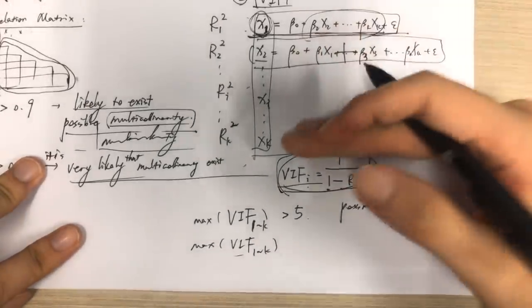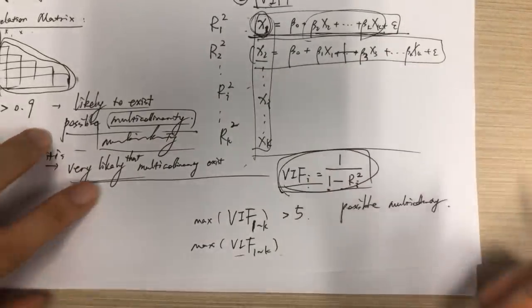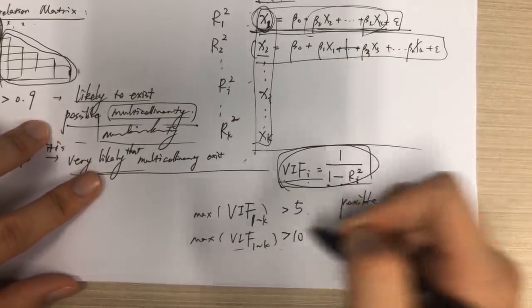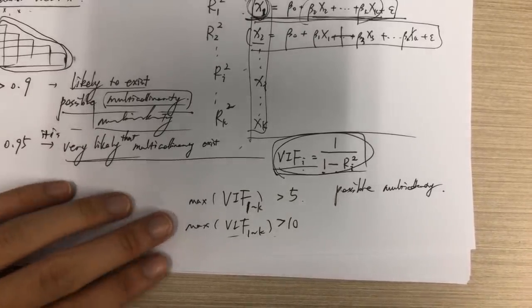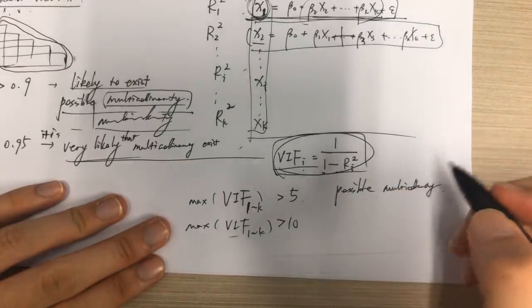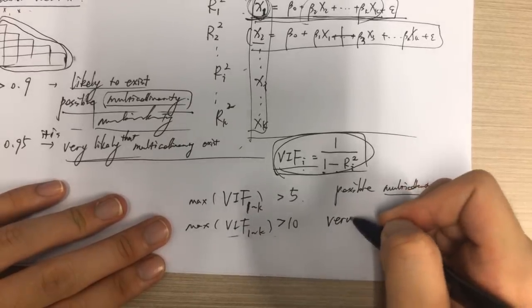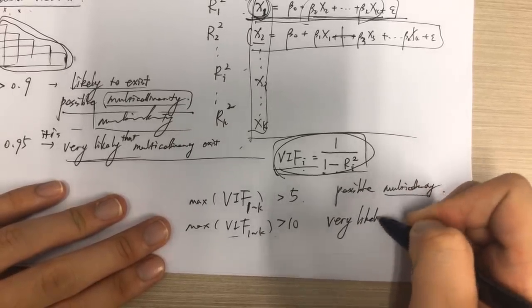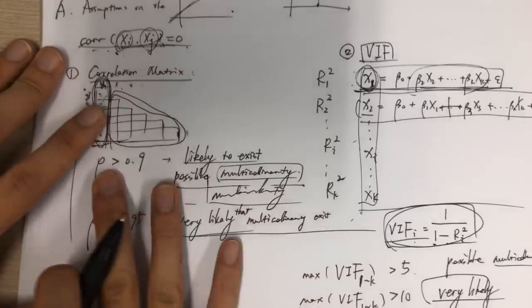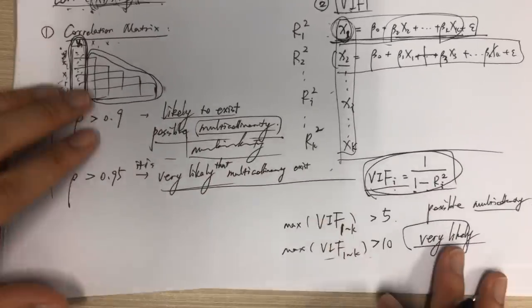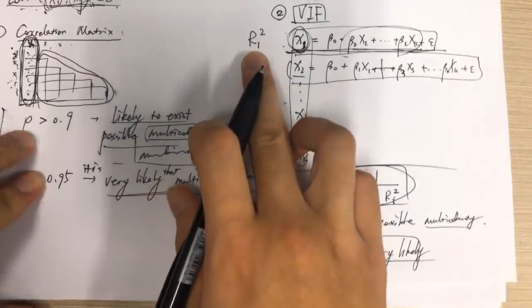Probably the question is going to give you the full list of VIFs, and then you're going to determine if multicollinearity exists. So if it is greater than 10, then the multicollinearity is very likely to exist, right?